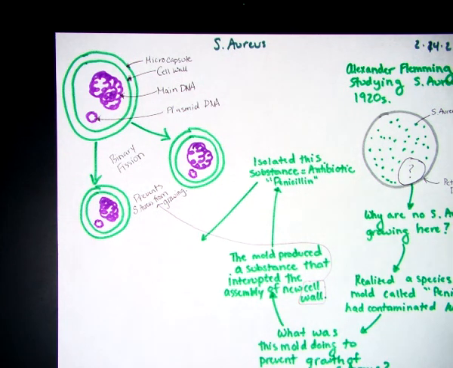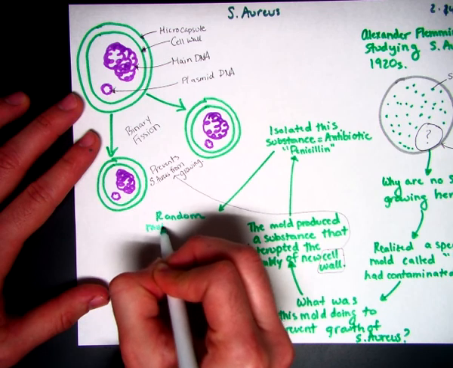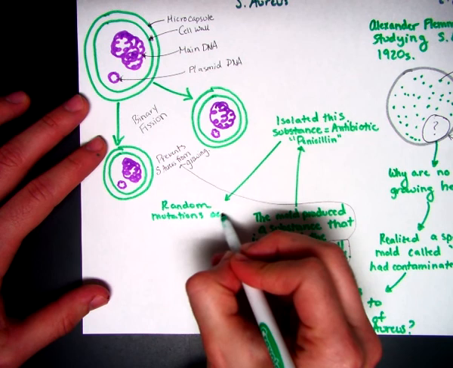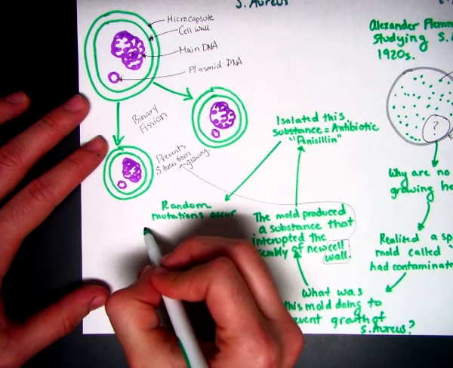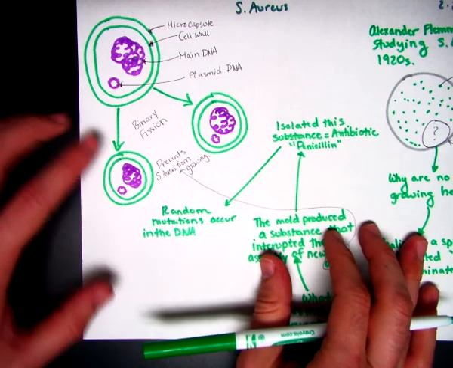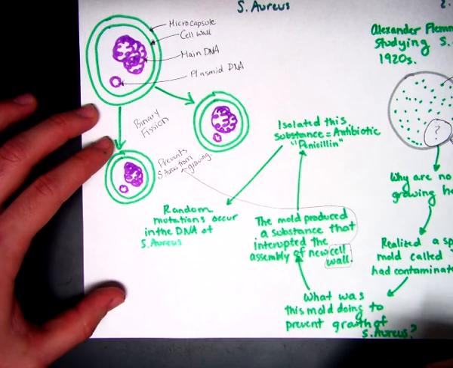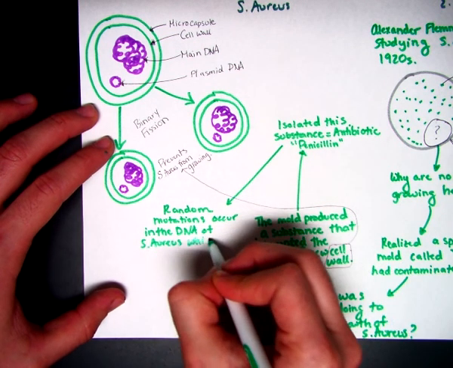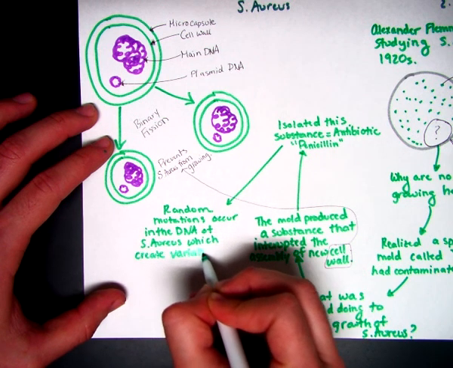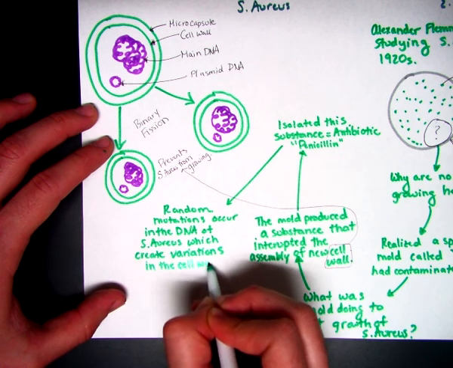And that's actually what was observed, that random mutations occur in the DNA of Staphylococcus aureus, which create variations in the cell wall.